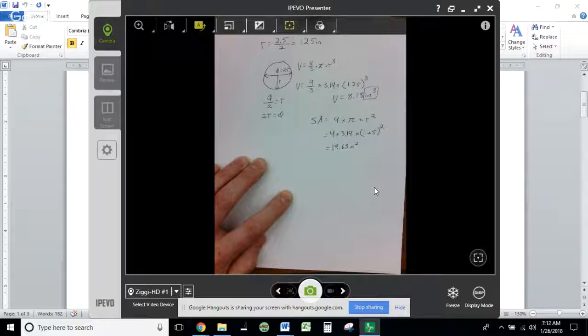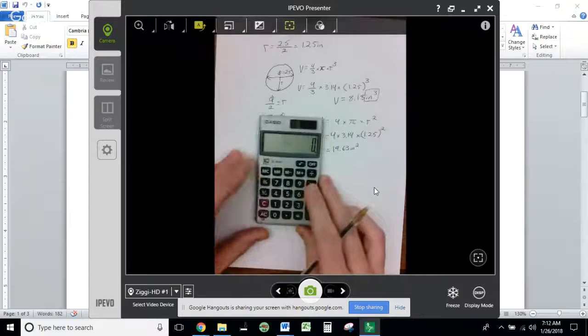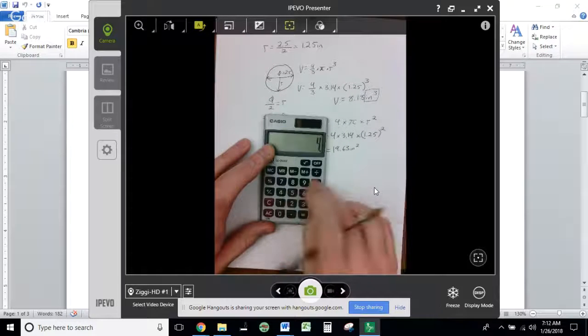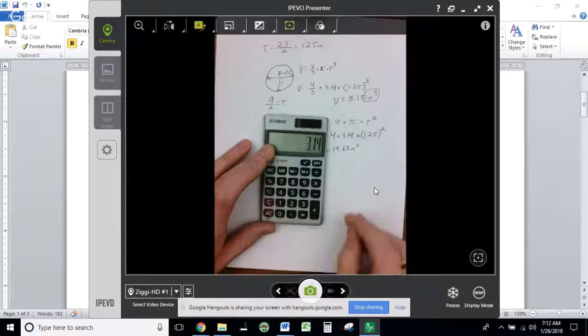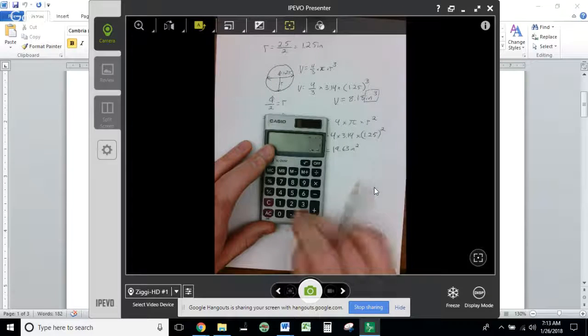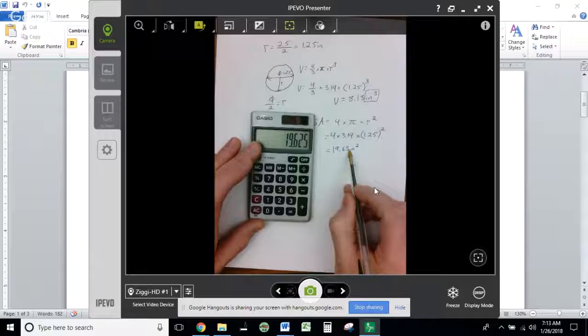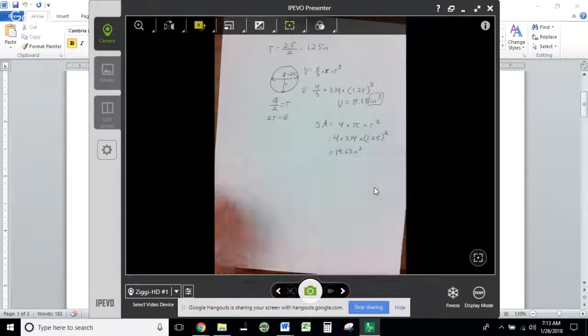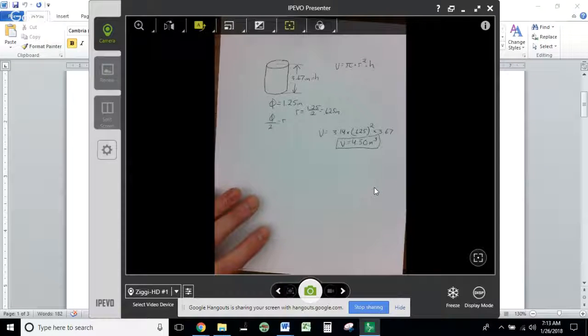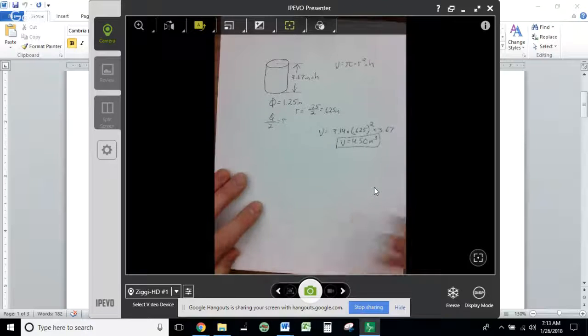Or if you have a dummy calculator like me, I would type it in like this. 4 times 3.14 times 1.25 times 1.25. Notice that 1.25 squared is just 1.25 times 1.25 equals the exact same thing. Okay, so that's that one. That's our sphere.